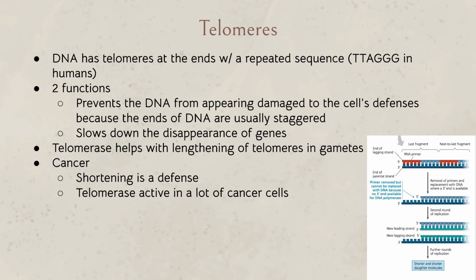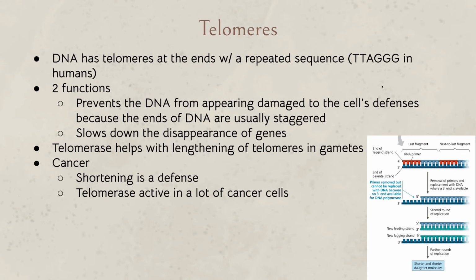And it also slows down the disappearance of genes, because if you look here, when genes are being replicated, we're actually losing a little bit. Since DNA polymerase 1 replaces RNA primers, it can't really do that for the last RNA primer on the end, because there's no 3' end right here for it to work off of. So this chunk that was covered by the primer earlier doesn't get replaced, and essentially this chunk is just lost.